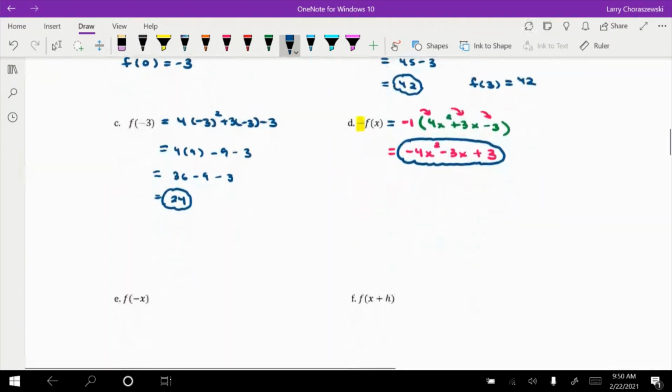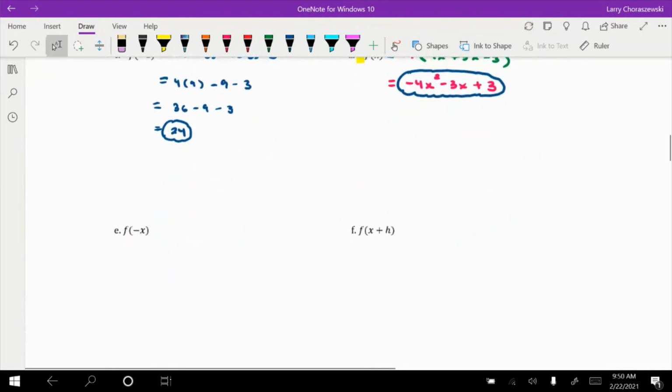Now for E, we're seeing a negative sign again, but this time the negative sign is with x. So how you want to handle this is by changing all of your x's to -x. Okay, so maybe let's note that. Actually, I'm going to write it this way.